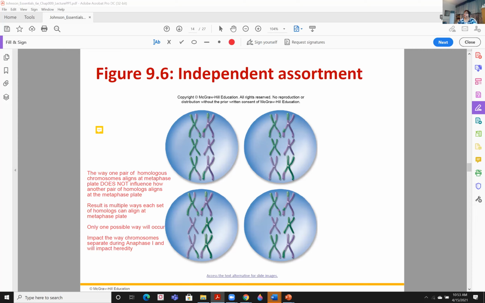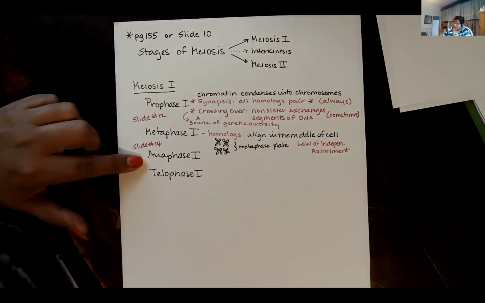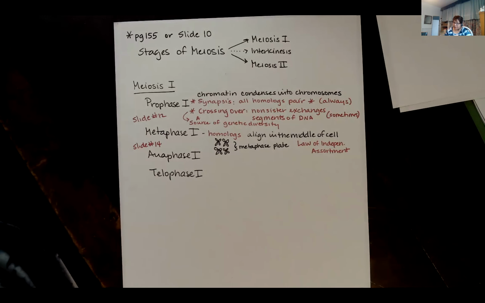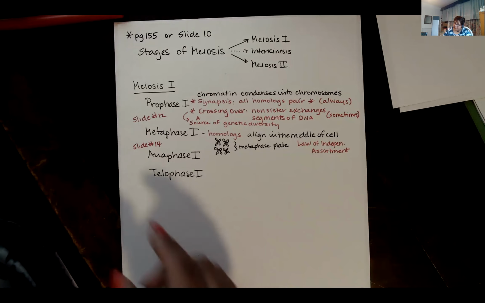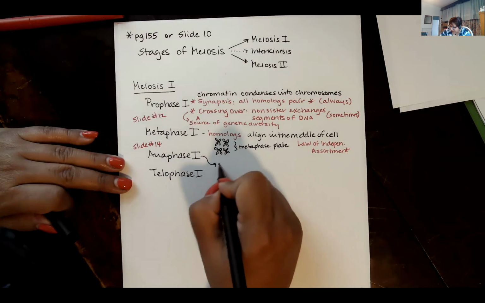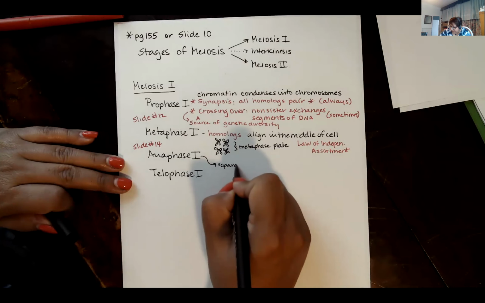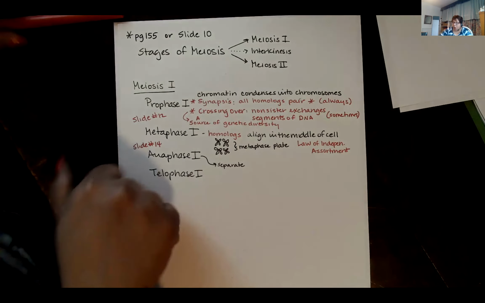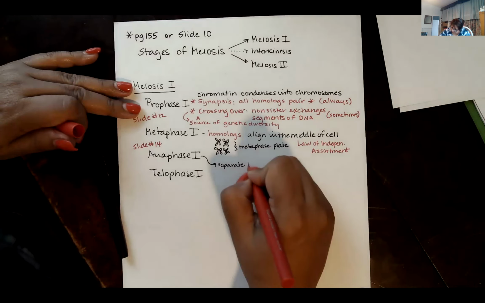So what happens after metaphase 1 is, of course, anaphase 1. And what's important during anaphase 1 is that we're going to separate homologs from each other.